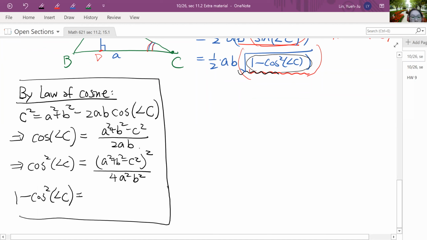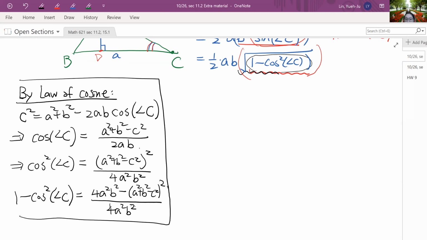I want to rewrite 1 in terms of the same common denominator, so I just rewrite 1 as 4a squared b squared divided by 4a squared b squared. It's really pure algebra.